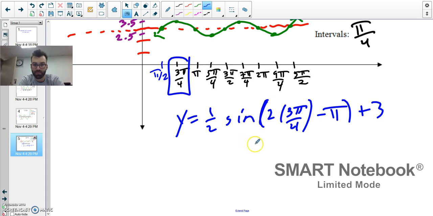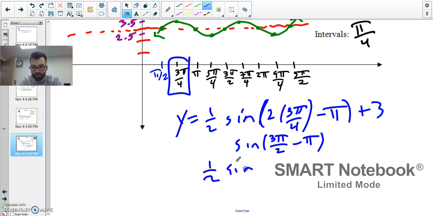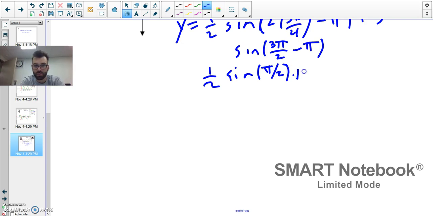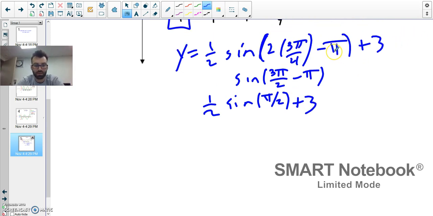If I reduce that, 6 over 4 gives me 3 pi over 2 minus pi. Well, 3 pi over 2 minus pi is pi over 2, so 1/2 the sine of pi over 2 plus 3.